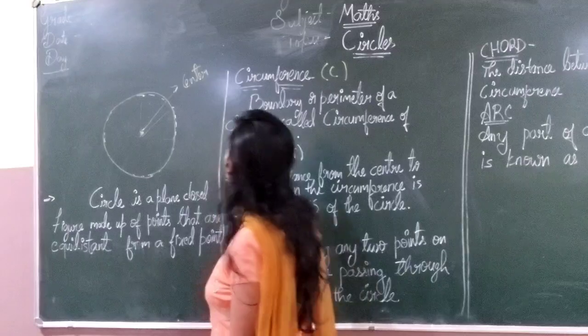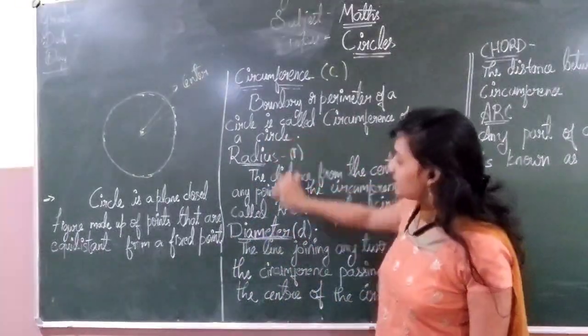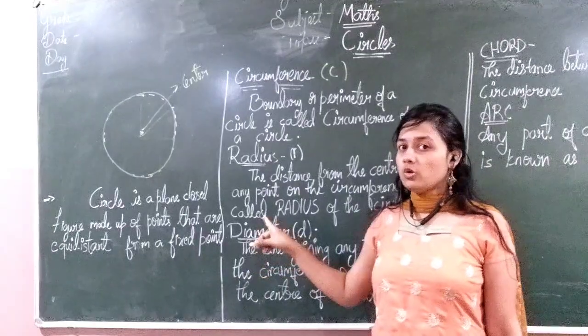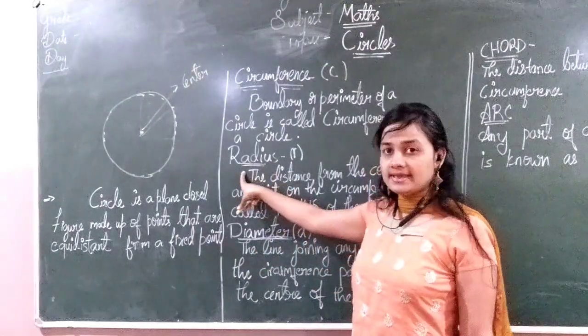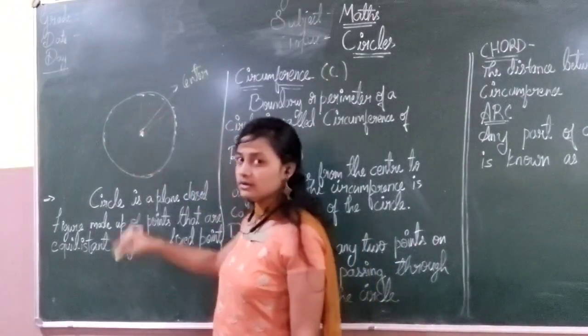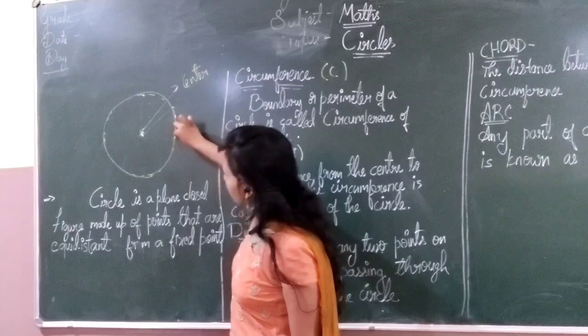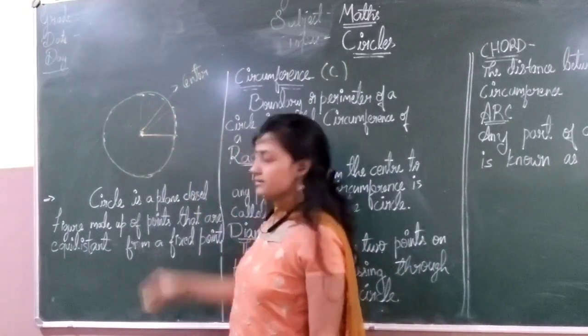So next is radius. This is all very important, students. Radius, diameter. So understand carefully. Radius means the distance from the center to any point on the circumference. The distance from here to here.